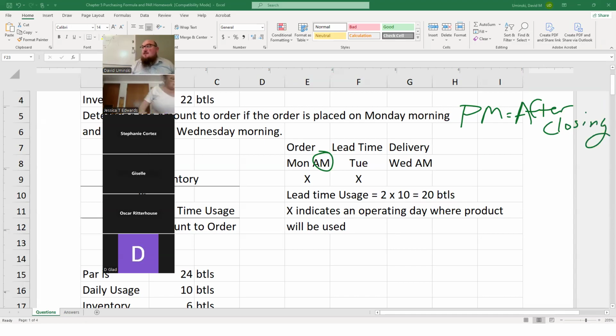So PM is after closing, AM is before opening. That's going to tell us whether or not we have any usage during that day or not.